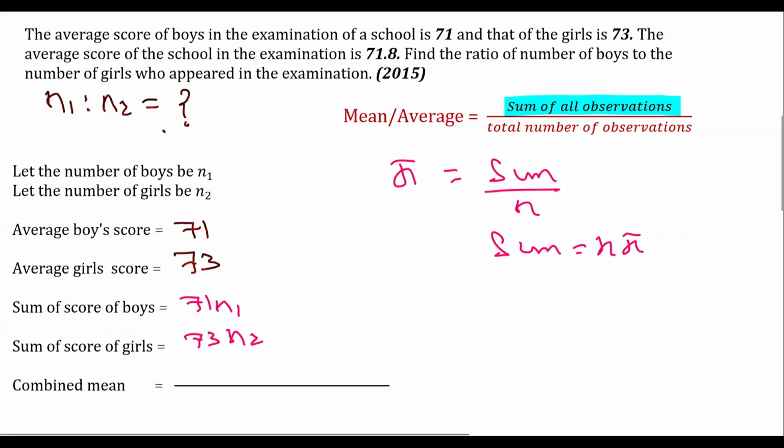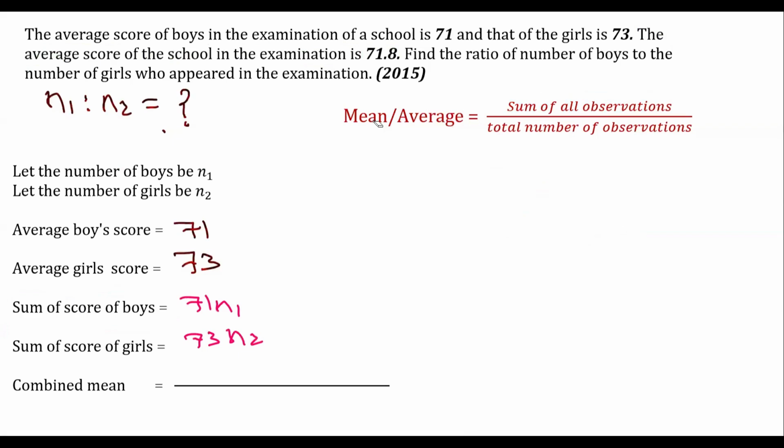So now we can see the combined mean here. Combined is the sum of all observations, that is this plus this, divided by the number. So it's going to be 71 n1 plus 73 n2 divided by the total number of students, that is n1 plus n2. Now we know the value of the combined mean, which is given as 71.8.